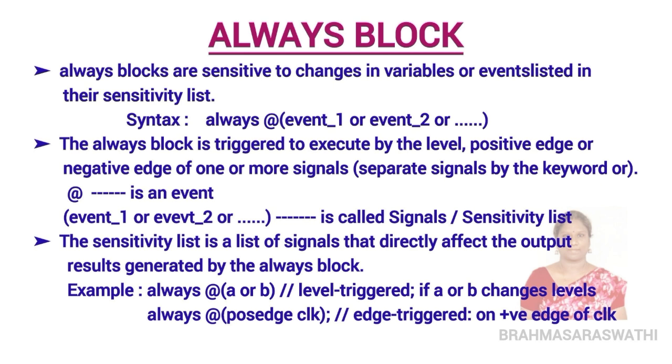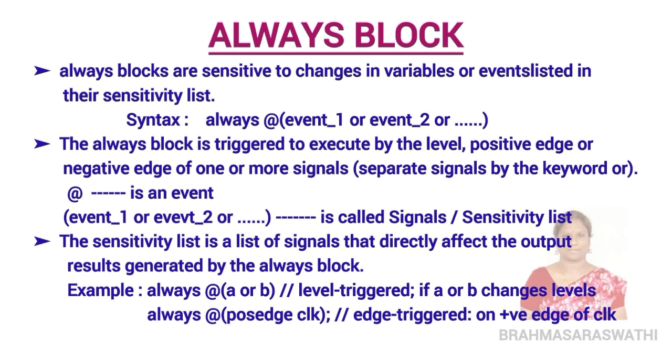The next point is the always block is triggered to execute by the level, positive edge or negative edge of one or more signals, and the signals are separated by the keyword or. In the above syntax, there is event_1 or event_2 and so on. These event 1 and event 2 are signals. They are triggered by, it may be, a level, a positive edge or a negative edge.